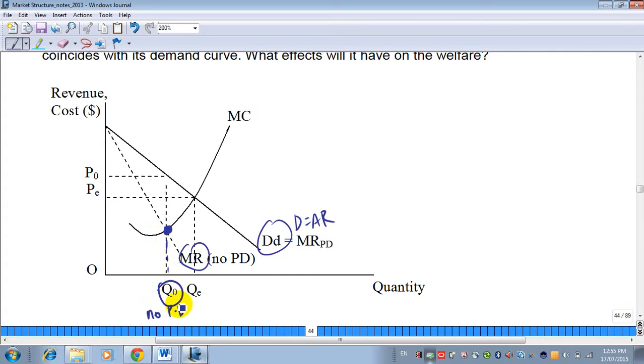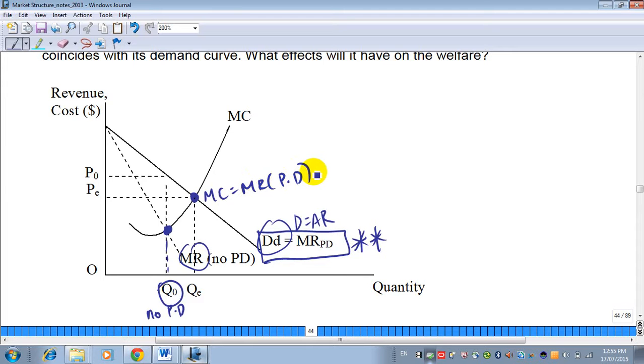On the other hand, under price discrimination, the demand will equal the MR. Do you remember the result I asked you to remember just now? We have derived that under first degree price discrimination, demand will equal the MR. And this will be the point of profit maximization, where MC will equal the MR under price discrimination.